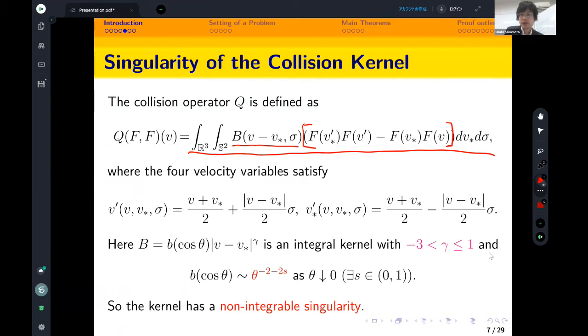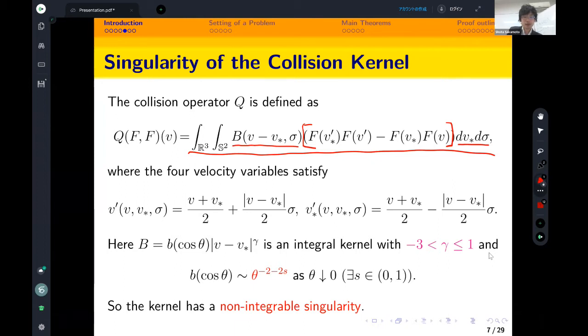And if we consider all the possible collisions for fixed v, then we should take the integral. So by taking the integral, we consider all the possible collisions. And this is the meaning of the collision operator.